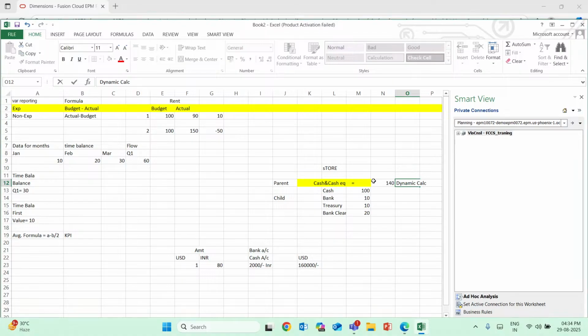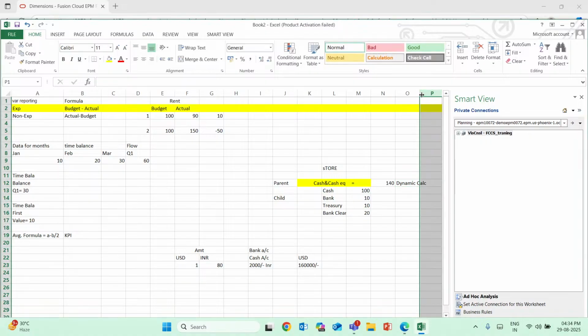All the parents are dynamic, so they have to calculate the data, the amount which is coming from the descendant level. Dynamic means that it does not store the data, and we cannot input the data.